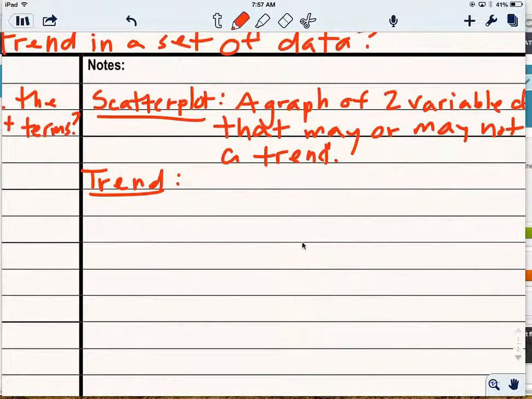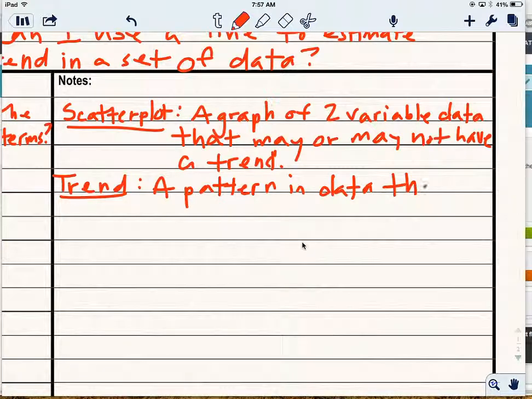A trend is a pattern in data that allows for predictions.